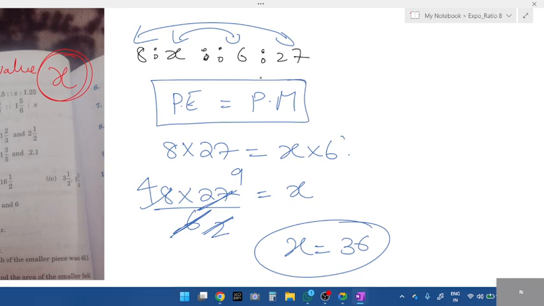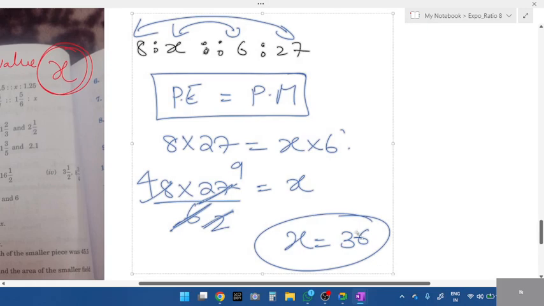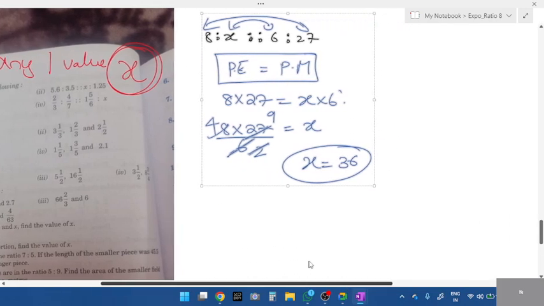Make a note of this. Did ma'am complete this chapter? No? Okay. Whoever has done this, try the next one, students. Whenever x is missing, use the same concept.